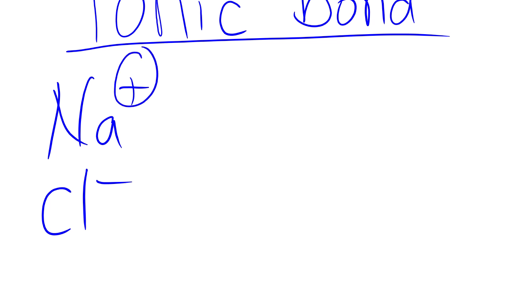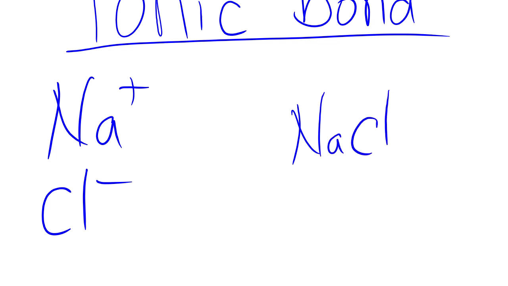This plus will be cancelled by this minus. That's why at the end we have sodium chloride, where we don't have any charge. Why? Because this plus of sodium is cancelled by the negative of the chlorine. That's all you want to know for ionic reaction.